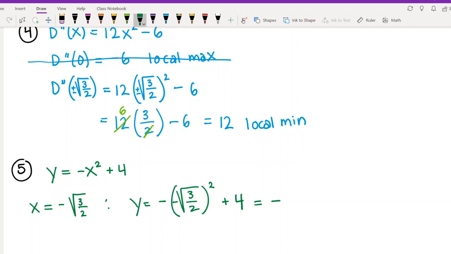So that's going to be negative 3 halves, because the negative on the inside cancels out because you're squaring it, plus 4. And so 4 can also be written as 8 halves. And so that tells us that we have 5 halves is the y coordinate.